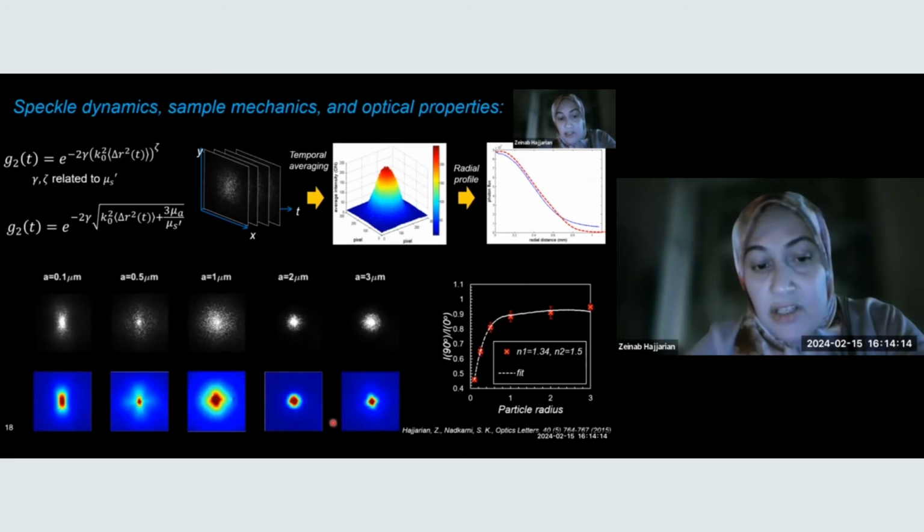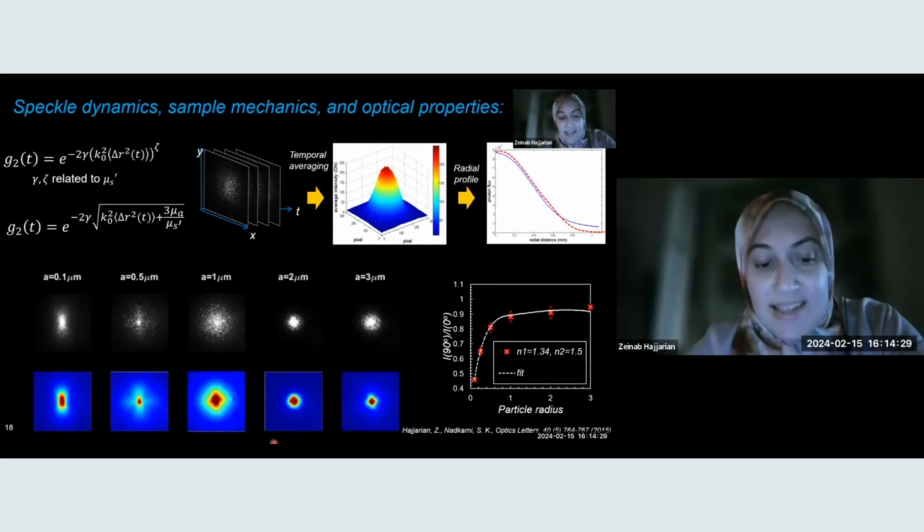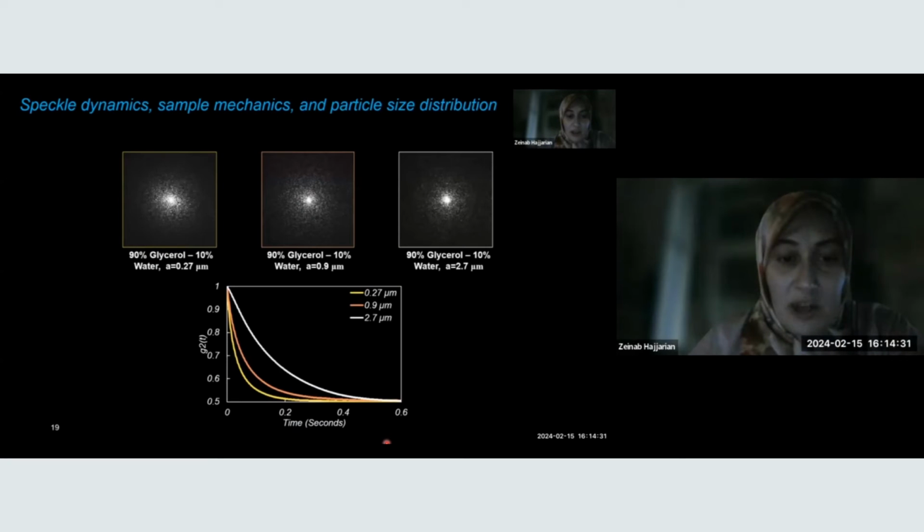So by observing this evolution of average laser speckle, or the envelope of laser speckle, in the copolarized channel, we were able to come up with a calibration curve that gave us some information about where the particle size stands. But then we weren't completely happy with that. So this is another example of the size of the particles and how a speckle pattern would look.